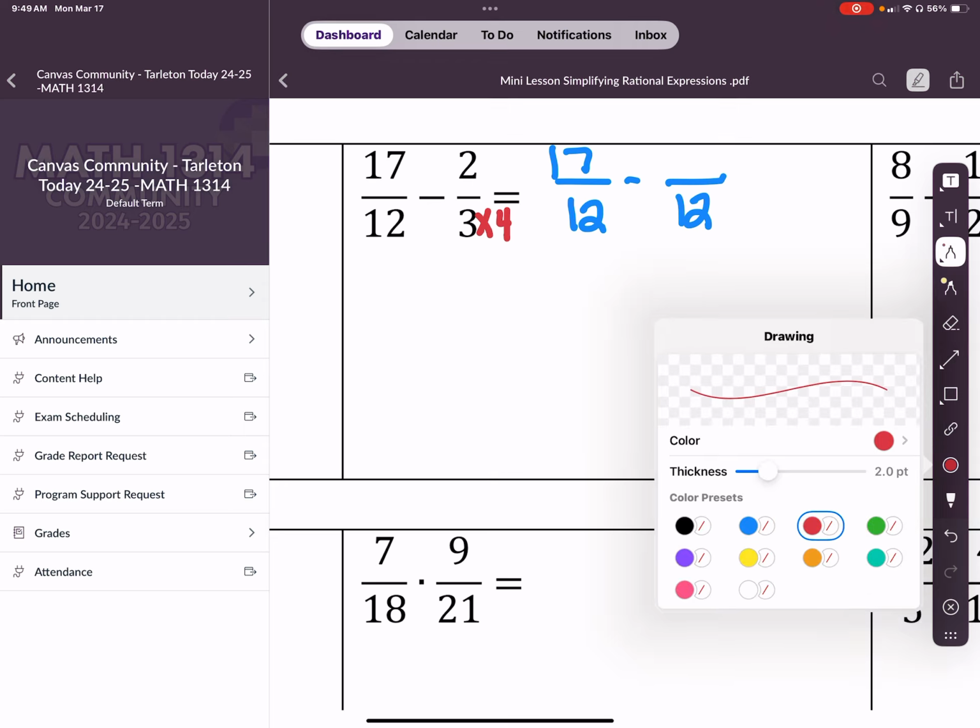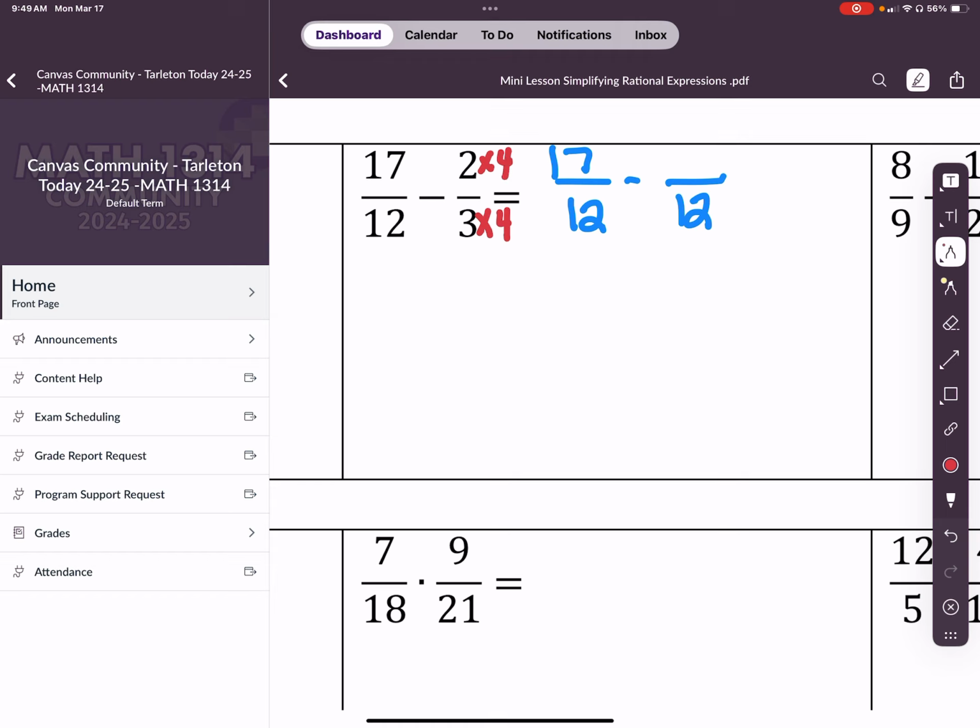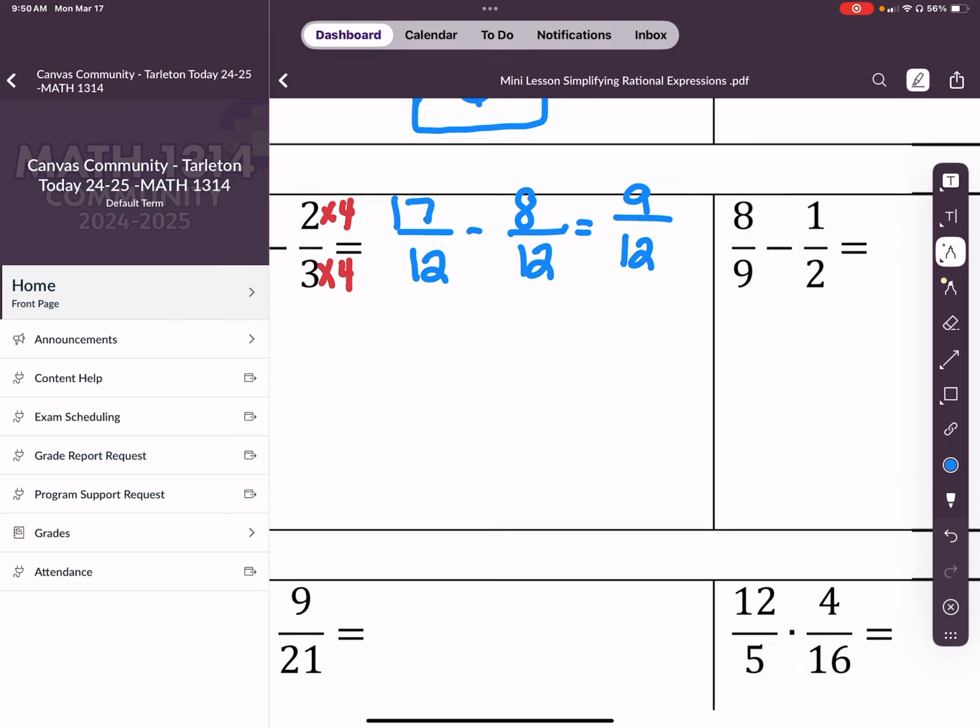So I multiplied the bottom by 4, so I'm going to multiply the top by 4. So 2 times 4 gives me 8. And 17 minus 8 is 9. So I get 9 over 12. Now, we didn't do it on the addition. We could have, but we just didn't. But now we're going to need to simplify this. Okay, so 9 and 12 can both be divided by 3.